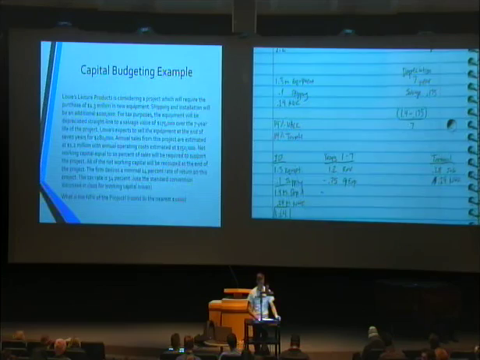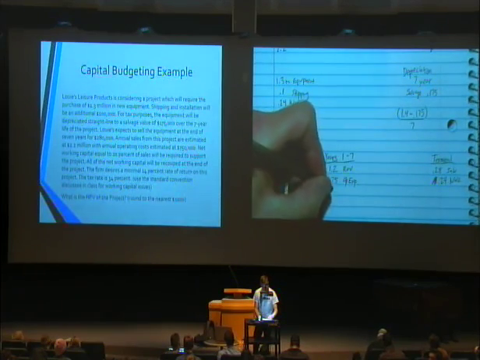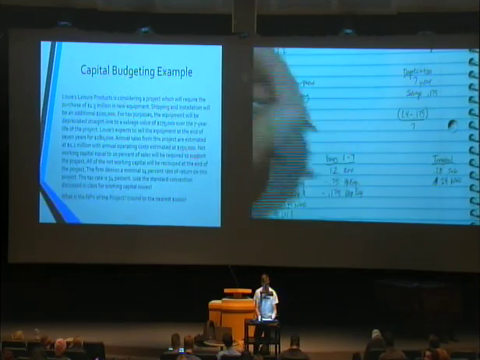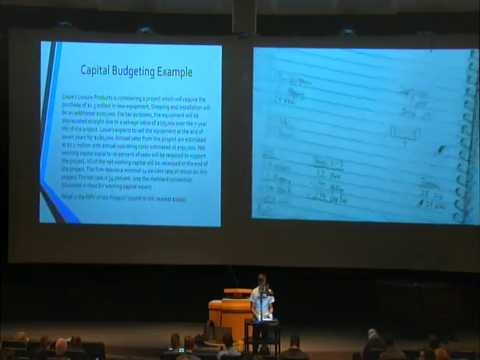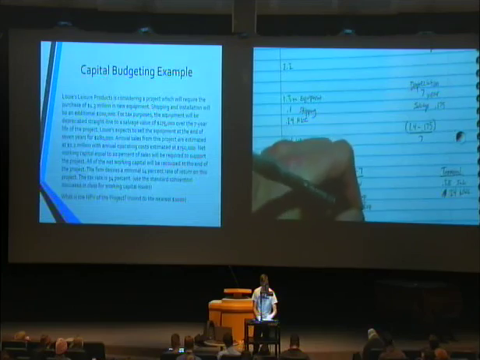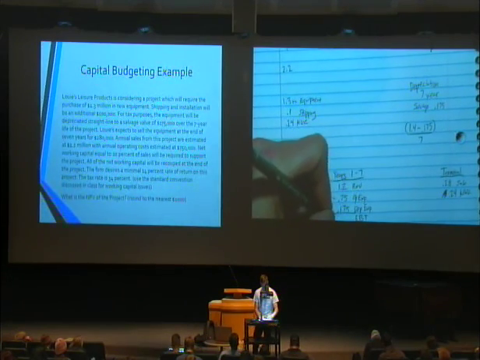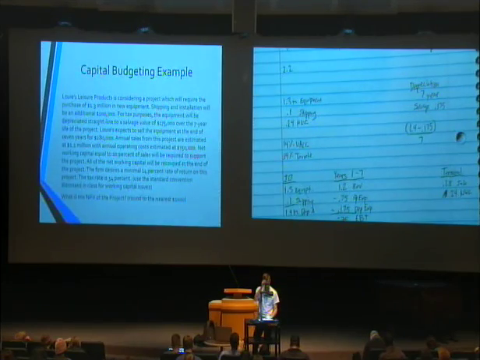Perfect. Great. So we minus 0.175 for depreciation expense, and this is going to give us our earnings before taxes. 0.275. Thank you. So it's 0.275 for earnings before taxes.